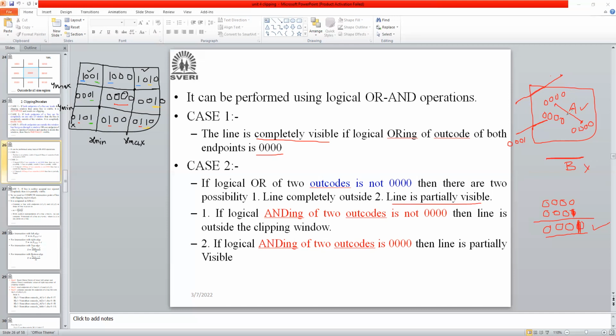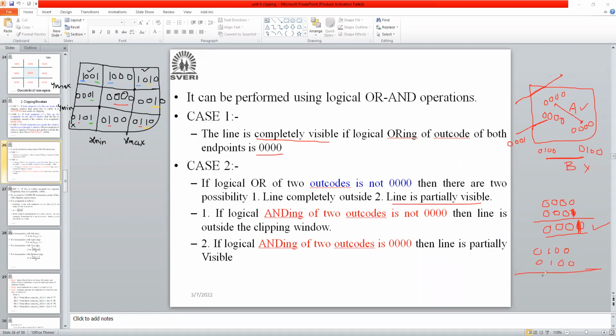It is on the bottom of the window. Bottom of the window means this region, 0100. So this code is 0100. Similarly, the second code is also 0100.